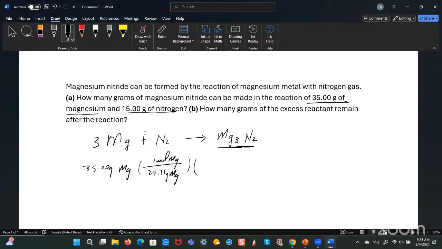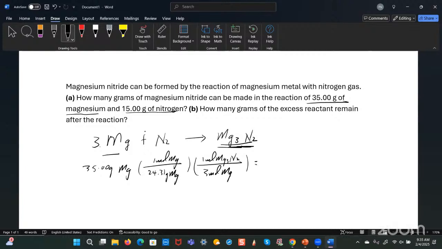Then we look at the mole ratio between the magnesium nitride and the magnesium, and we see it's a 1:3 mole ratio. So the way we set that up here is that we're going to have 1 mole of Mg3N2 placed above as the numerator, and 3 moles of magnesium placed below as the denominator, and then we work that out.